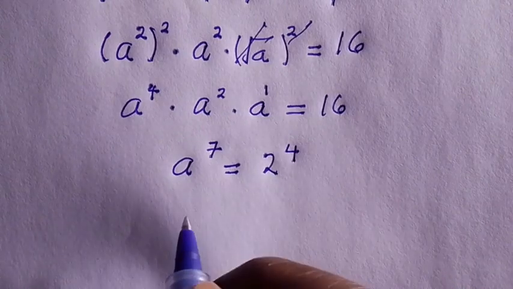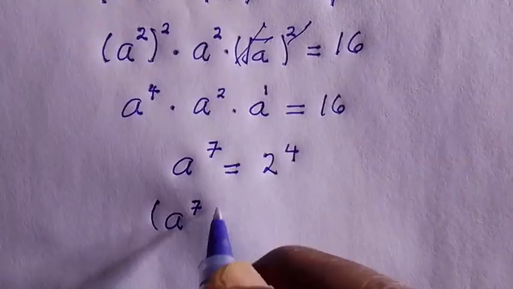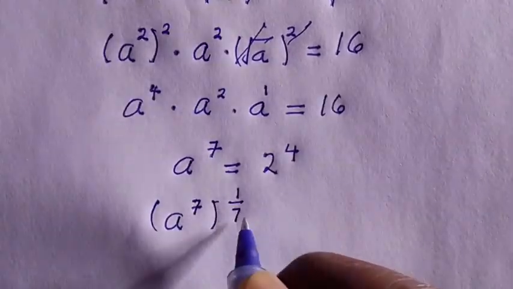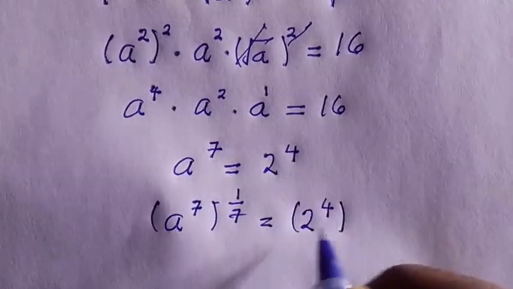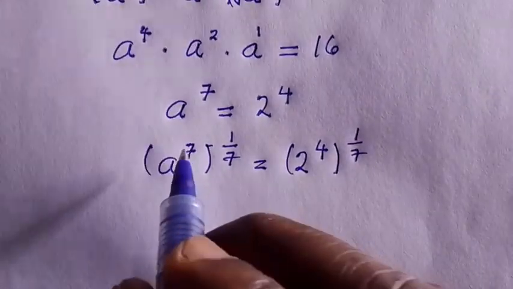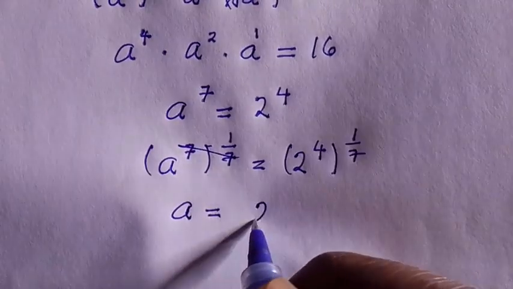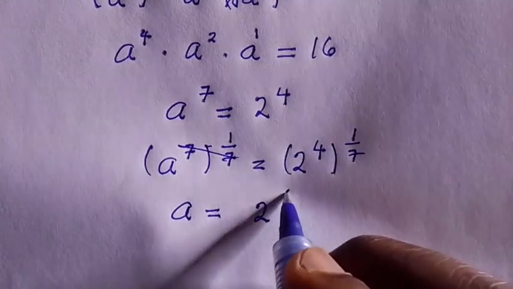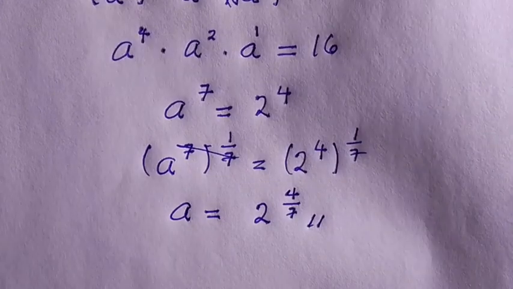By raising both sides to the power of 1 over 7, we have a to the power of 7 raised to the power of 1 divided by 7 equals 2 to the power of 4 raised to the power of 1 divided by 7. Then 7 cancels 7, and we have a equals 2 to the power of 4 multiplied by 1 over 7, which is 2 to the power of 4 divided by 7, and here is the result to this problem.